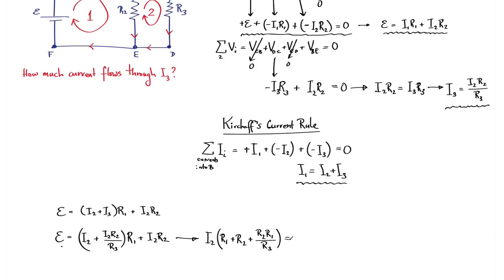So that's equal to E. So I2, or E over this stuff in the bracket, is I2. So if I want to solve for I3 now, I3 is just I2 times R2 over R3.